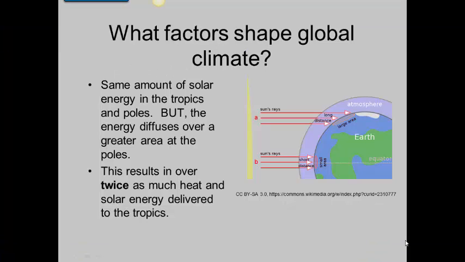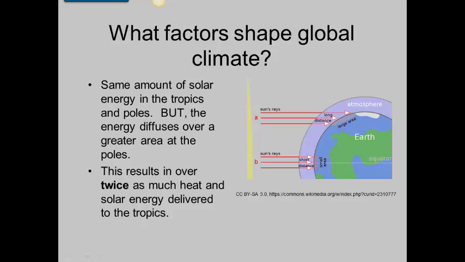Another important factor that drives the distribution of biomes by shaping global climate is the uneven heating of the Earth. As you can see in this diagram, solar radiation that comes to the poles versus the tropics is diffusing over a larger area. So here we have the same amount of solar radiation directly reaching the tropics and diffusing over a smaller land area.